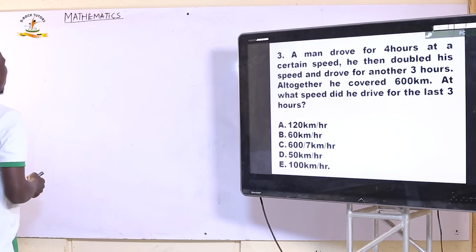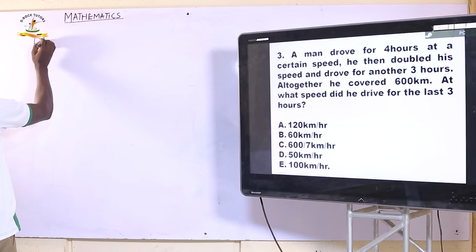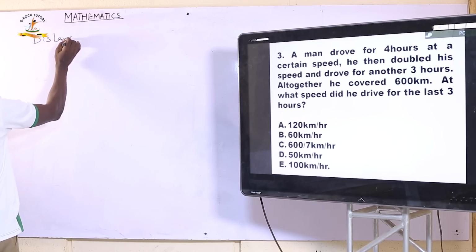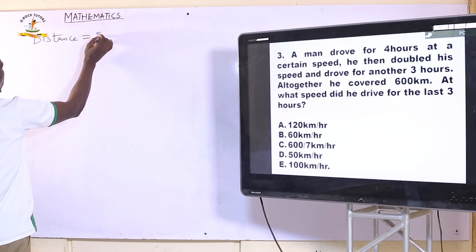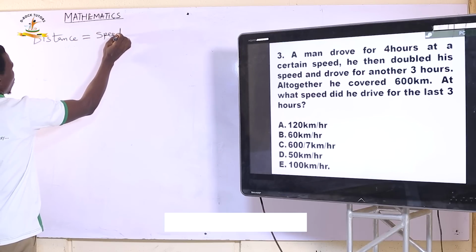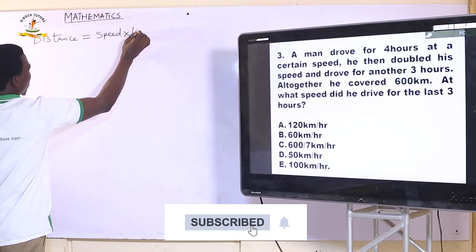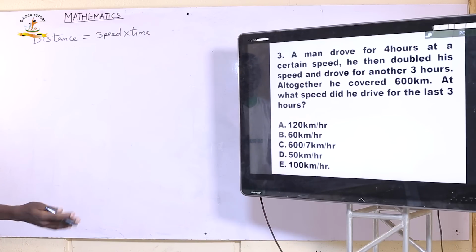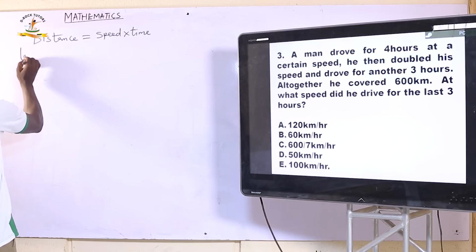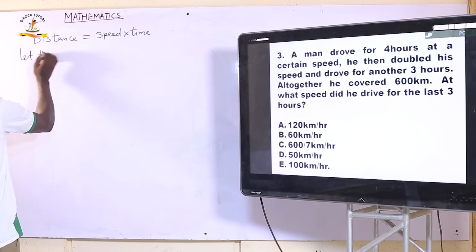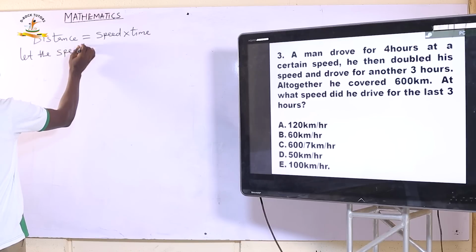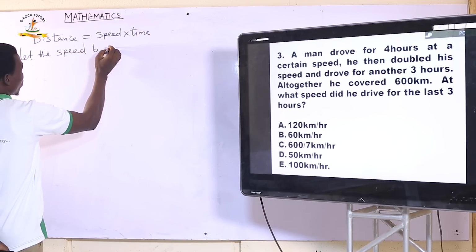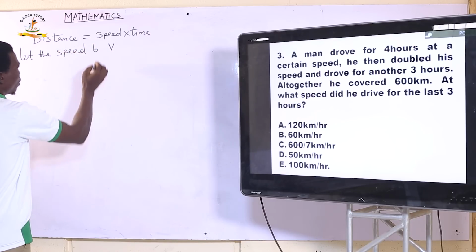So we can say distance equals speed multiplied by time. So that is just their relationship, and we begin. Let's see, a man drove for 4 hours at a certain speed. Let the speed be, let's use V for speed.